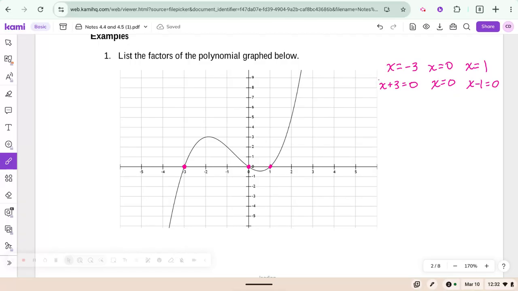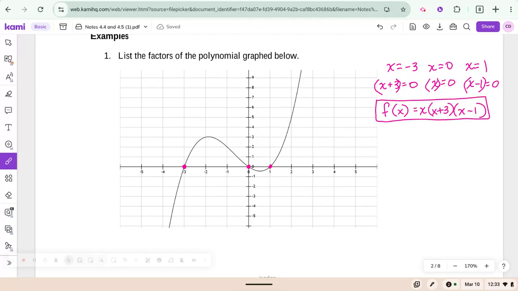So these are my 3 factors. x plus 3 is a factor, x is a factor, and x minus 1 is a factor. So this function, whatever it is, in factored form would be x plus 3 and x, and I would probably put the x in front like this, and x minus 1. So this is the polynomial function graphed here.